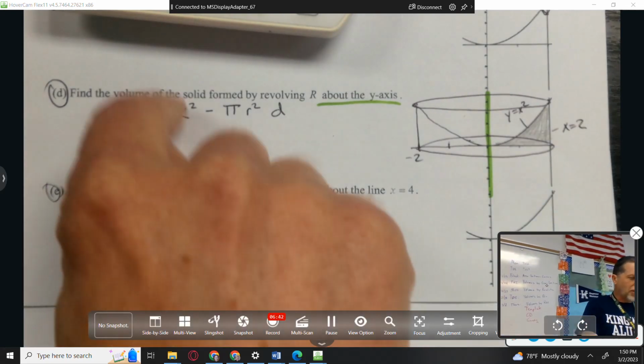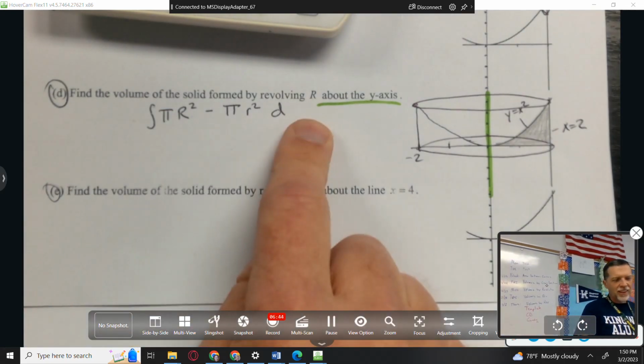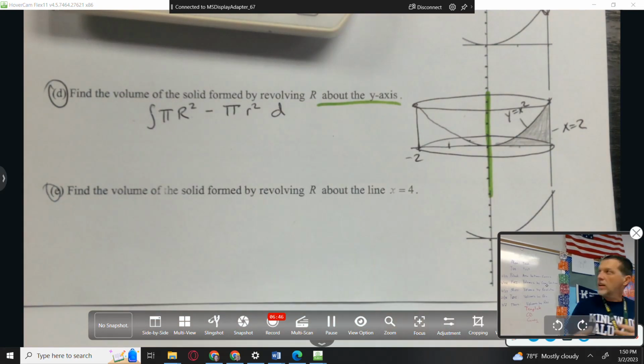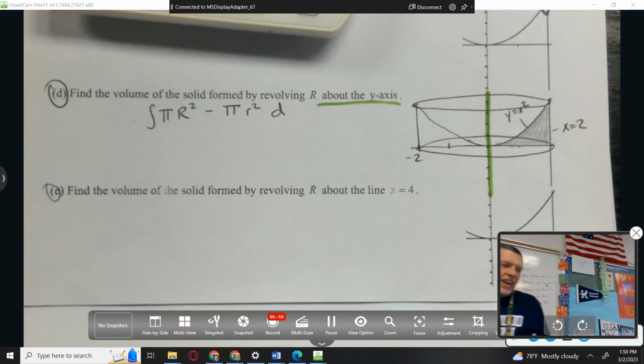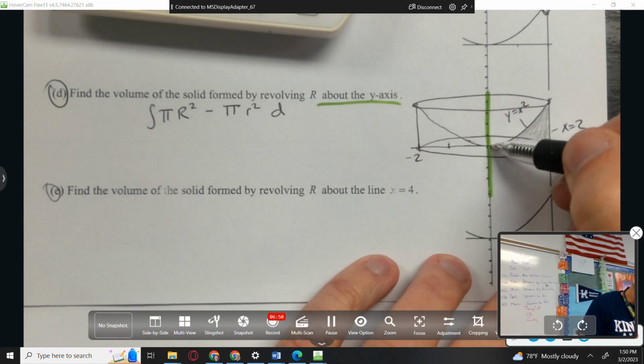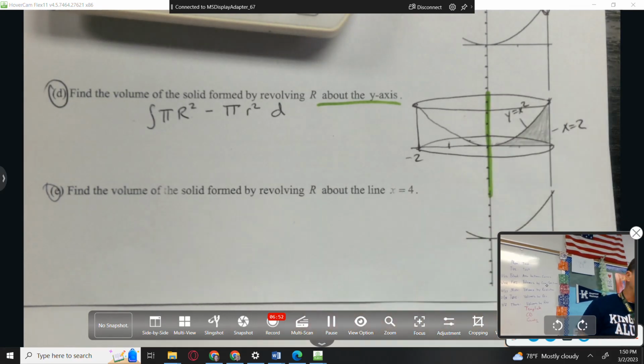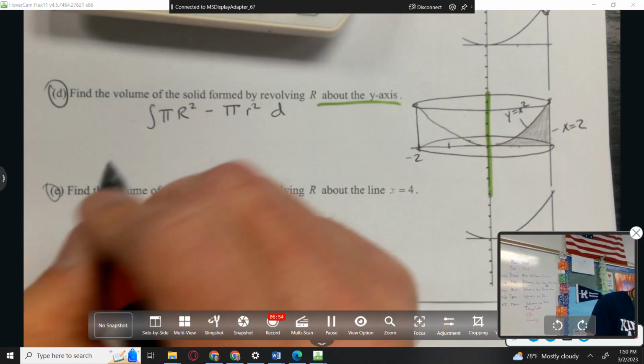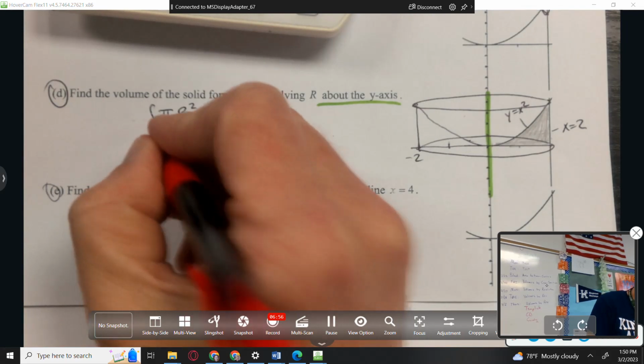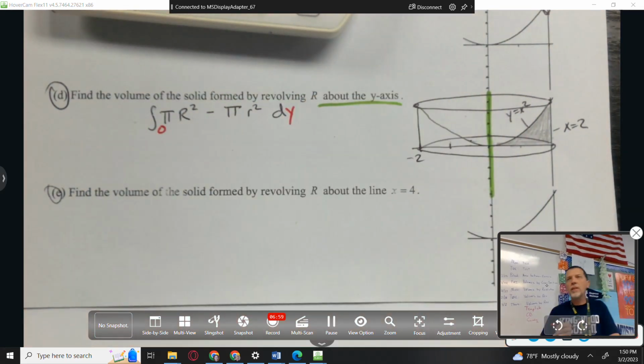Some people actually think about the limits first and then get the x or y, because they feel like they're stacking it from here to here, and those are y values. So some people will put the y values in first and then say dy. Other people say, well, it's stacked in the y, so I know it. They go together. So whichever one you see first.